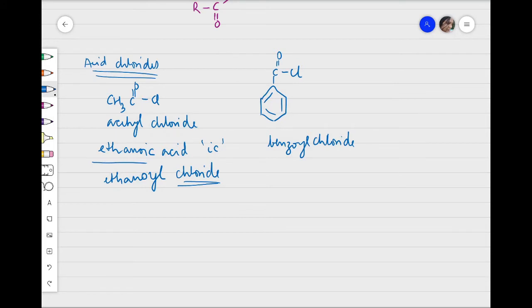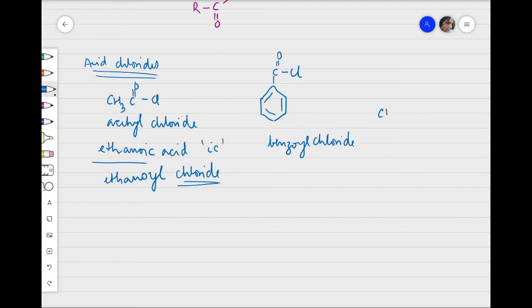And in the same way, if you have some substitution, the basic functional group is the acid chloride, and that is what we will give as the basic parent name, and then you add the substituents, like a methyl group or any other groups, like OH.